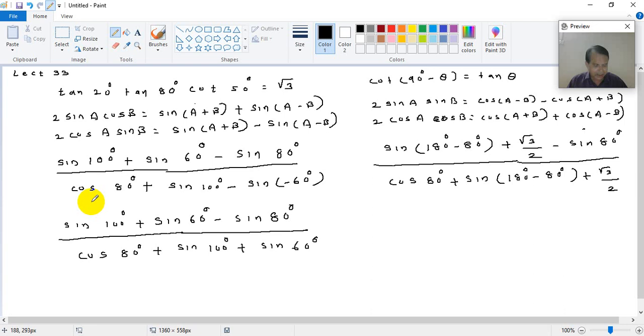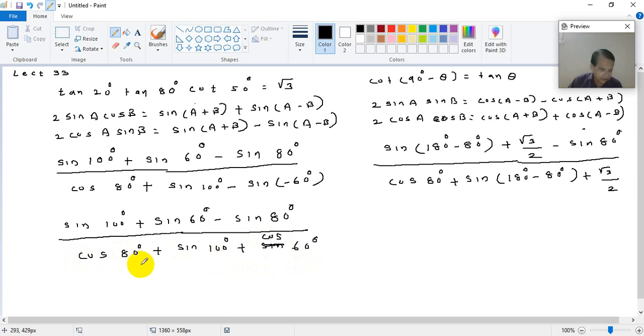Now what? Sin 100 plus sin 60 minus sin 80 upon cos 100. This was cos 100 plus cos 80. This is where we made the error. Cos 100 plus cos 60 degrees plus cos 80 degrees. This is not sin 60. Here it will be cos of 60 degrees, and this is sin of 100.